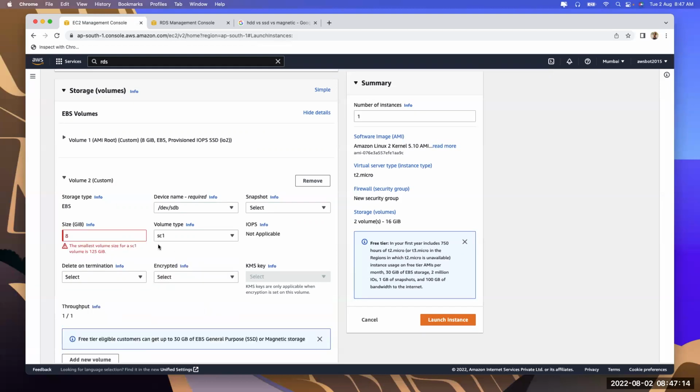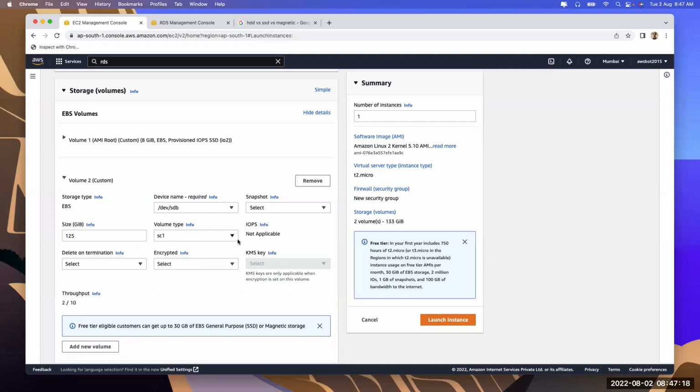Similarly, for this cold HDD, if I give the size over here, let's say I don't have IOPS, rather I have the throughput. For each 1 terabyte, I would give you 12 Mbps. So for 125, I would be giving you 2. Similarly, if I go for this one, I would be giving you 5 Mbps up till a maximum of 31 Mbps.